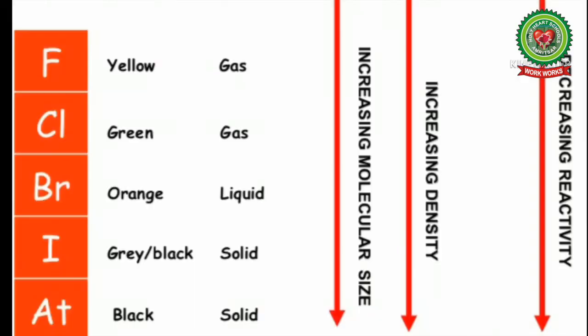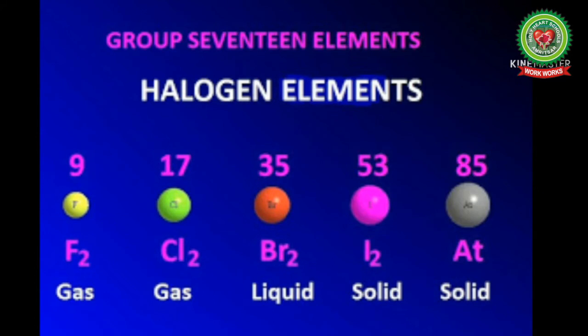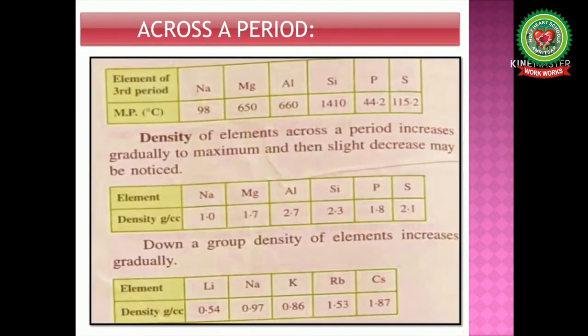It means fluorine and chlorine are in the gaseous state, bromine is in the liquid state, whereas iodine is in the solid state. Now, while moving across a period, melting point and boiling point usually increase up to group 14 and then start decreasing.